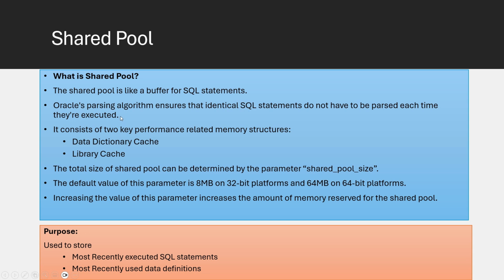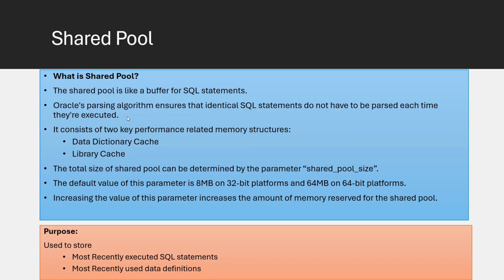Syntax is whether you have given the right syntax or not. Any spelling mistakes, or if you are missing any keywords, the syntax check will ensure that you're giving the right SQL statement. Semantic is like if you are giving a select star from an object, whether that object is available or not, and whether that user has access to that particular object or not.